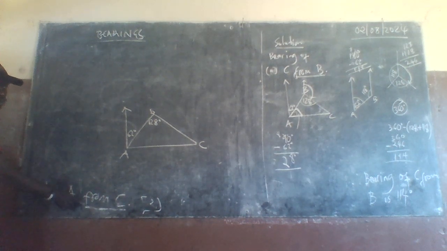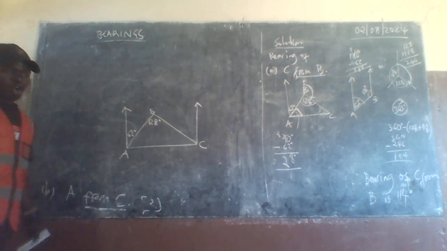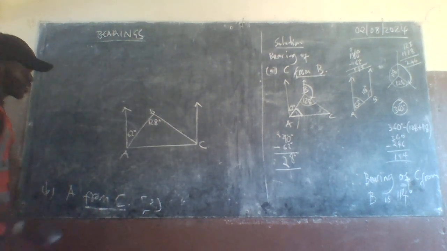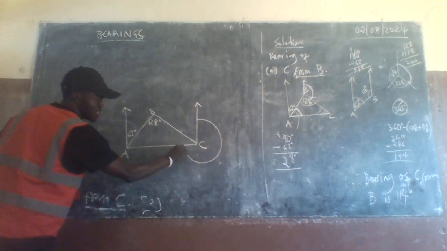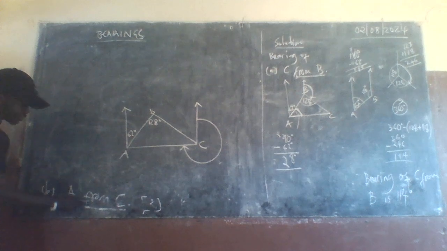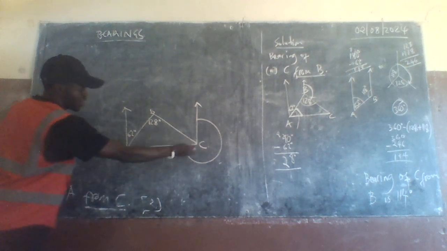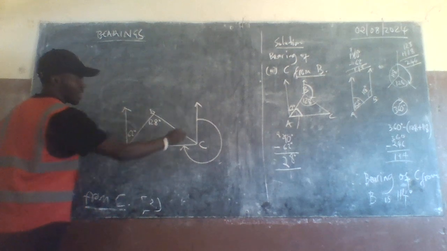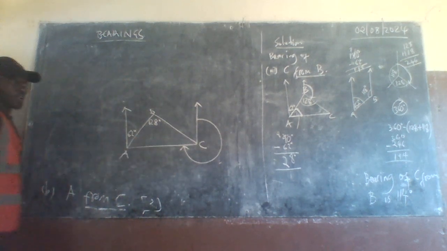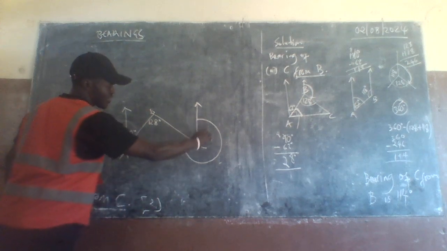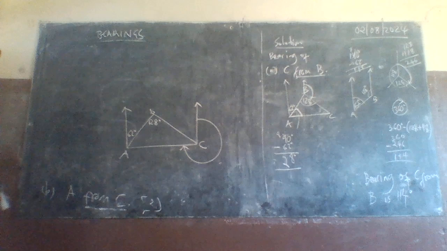So we are taking it from C. So go on C and draw a knot. Then from the top, clockwise, go and meet the other line. So it is bearing of A from C. Go on C, draw a knot, and then from the top, go clockwise and meet the other letter.